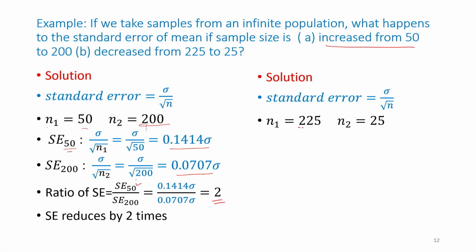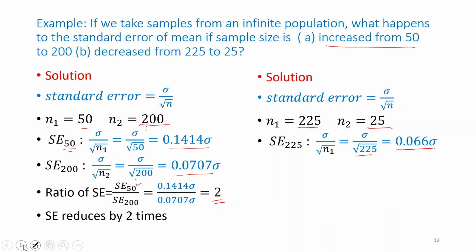So n1 is 225, n2 is 25 in this case for B. So SE 225 is going to be sigma by root n1, sigma by root 225. It is going to be 0.066 sigma. And for SE 25, it is going to be sigma by root n2, that is going to be 0.2 sigma.